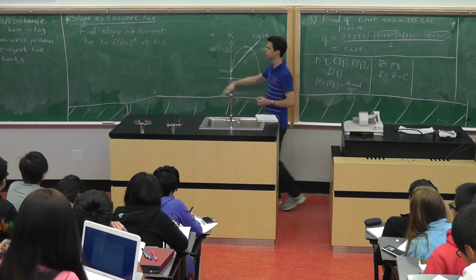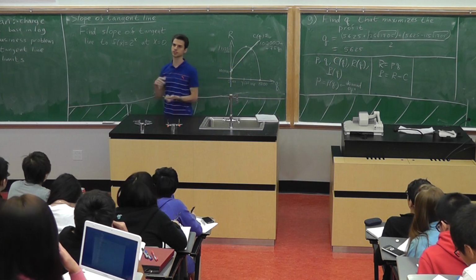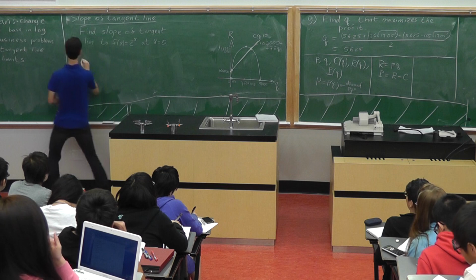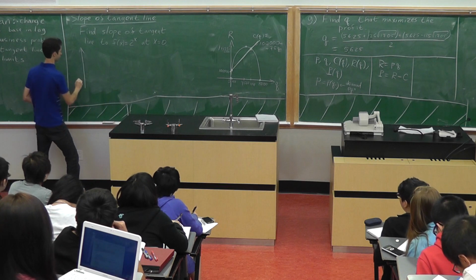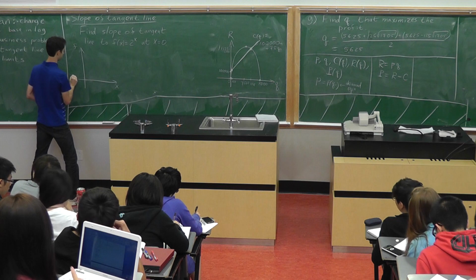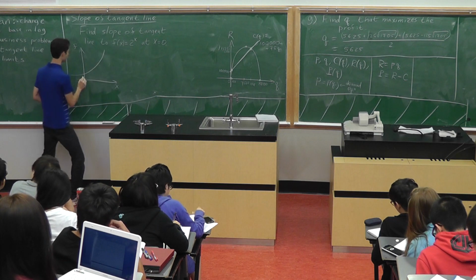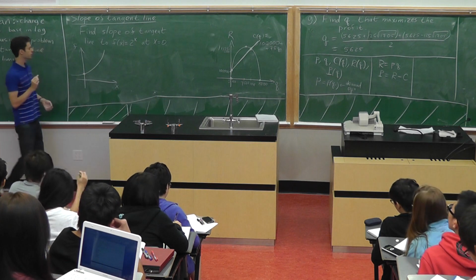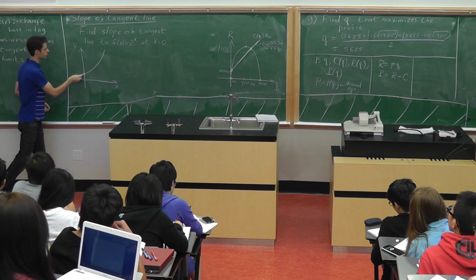So I take a familiar function, 2 to the power x, the exponential function. We know how its graph looks. And the question is, here we have a point, what is the slope of the tangent line?